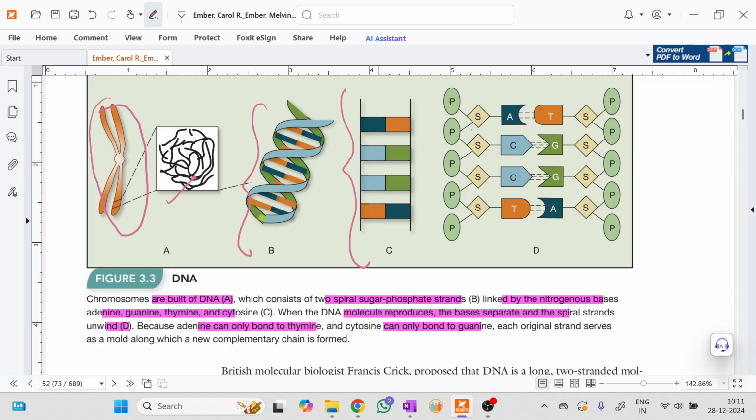And if you further unfold it, you will see how bases are organized here. So on both sides of this particular ladder, there are phosphate and sugar groups, which hold these bases in their straightened form.